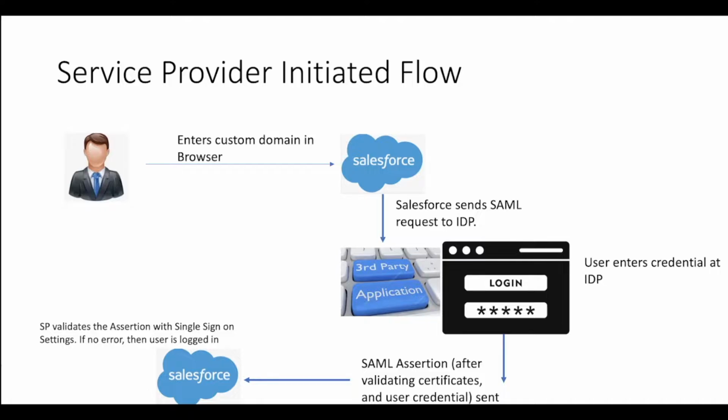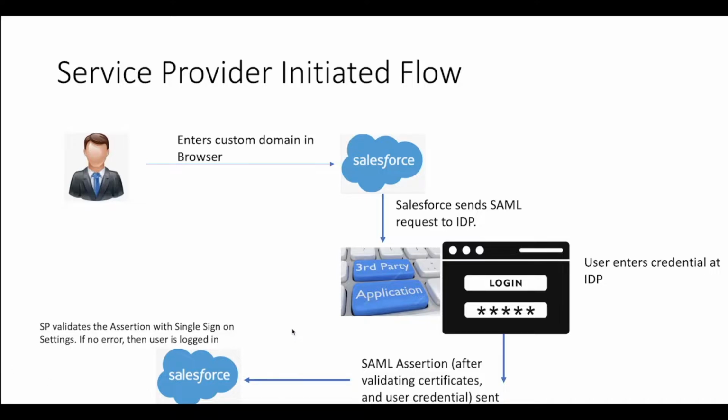Once the SAML assertion comes back, then based on the settings you have done, the service provider Salesforce will validate the assertion and see if there's no error. How will it validate? It will have its own certificate to validate the incoming SAML assertion in Salesforce. In the demo, we will see how to set up these single sign-on settings.